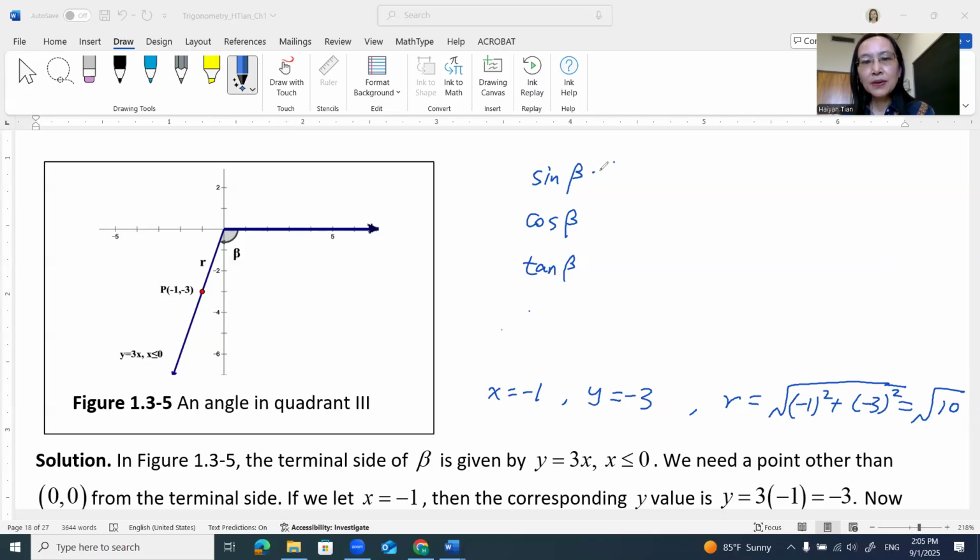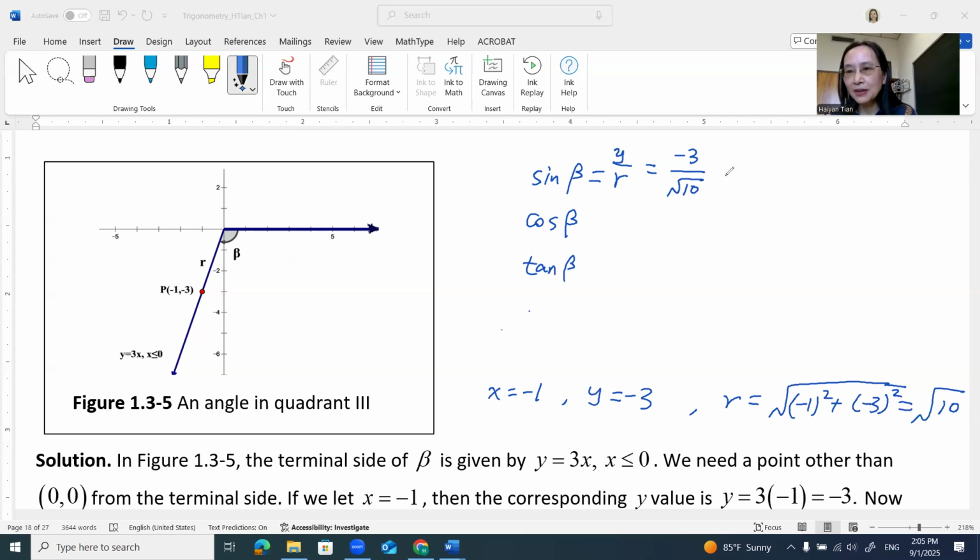Yes, we can now. For this angle, which is in the 3rd quadrant, sine is still the same definition, right? It's y over r, but this y is a negative number. And r is a square root of 10.